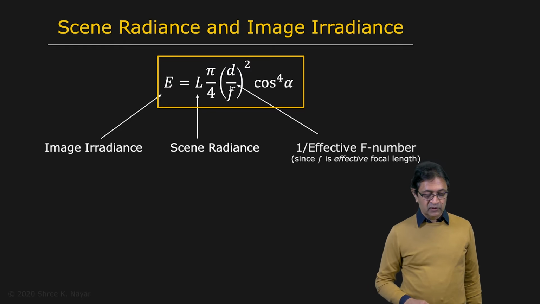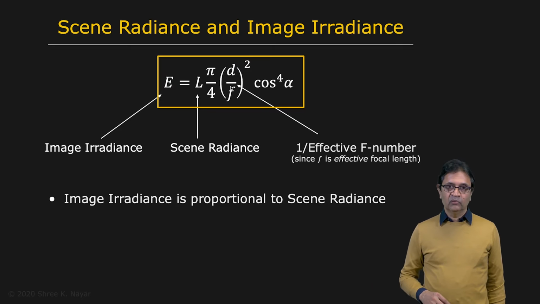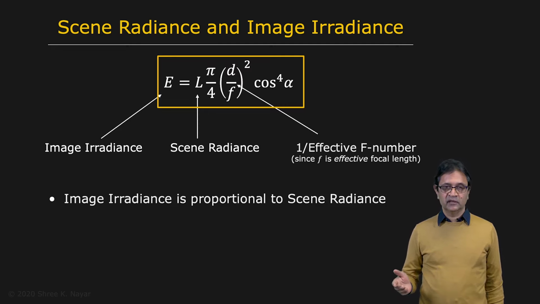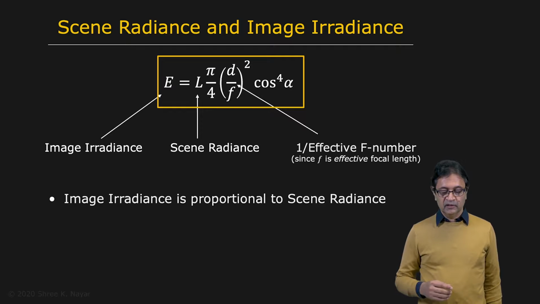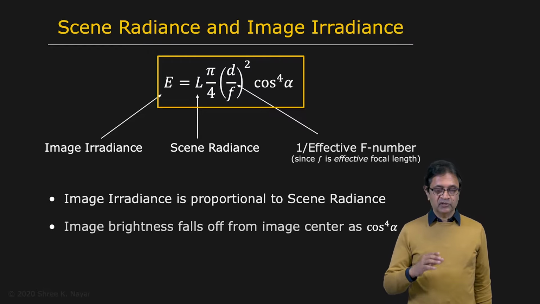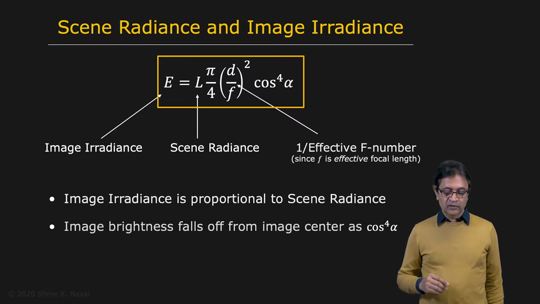Okay, so a couple of things to observe here. One is that, fortunately for us, image irradiance is proportional to scene radiance, which we may have guessed, and it happens to be true. The second is that image irradiance falls off from the center of the image.